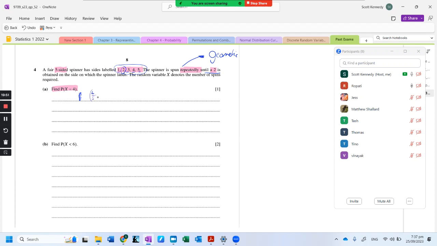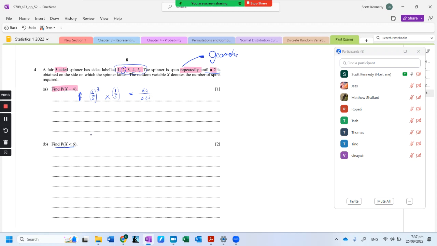That's the chance of getting a 2. So the chance of failing to get a 2 is 4/5, right? So we want to fail, fail, fail, and then on our fourth time we get it. So that would be this, okay? Which if we plug it in, we should get 64 over 625.